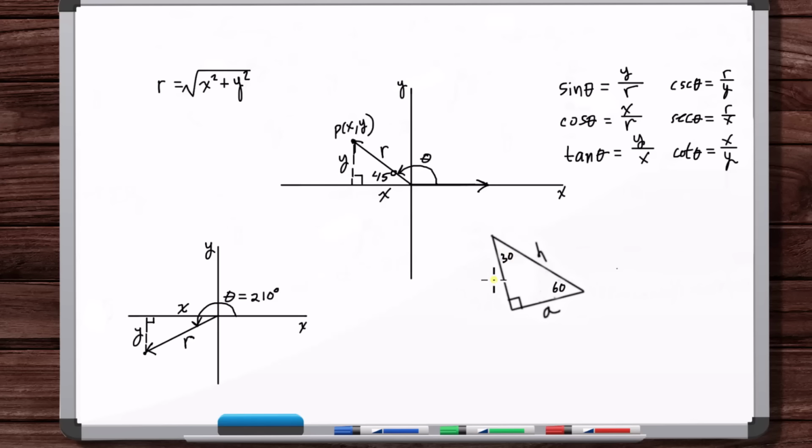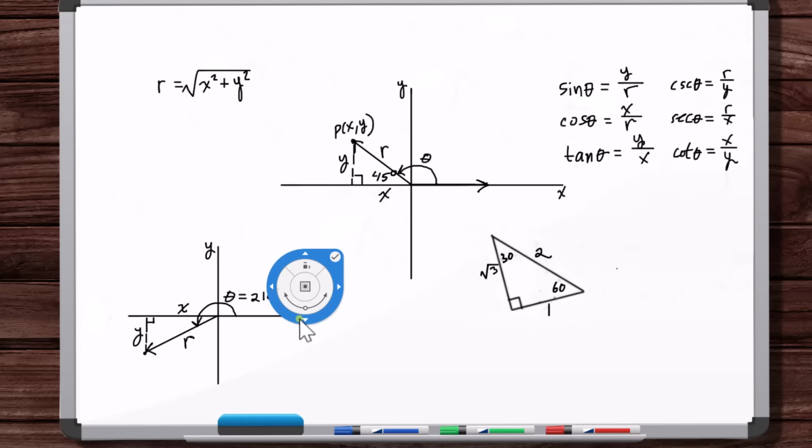We're going to learn later that a 30, 60, 90 triangle will have side lengths proportional to the hypotenuse being 2, the side between the hypotenuse and the 30-degree angle being root 3, and the side between the hypotenuse and the 60-degree angle being 1. The side lengths of any 30, 60, 90 right triangle will be some proportion of these numbers.